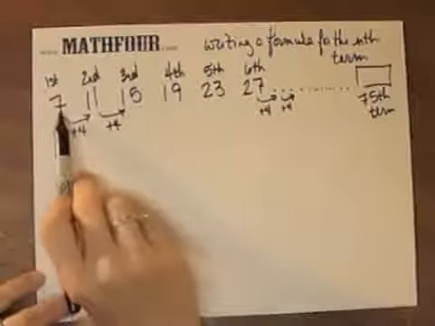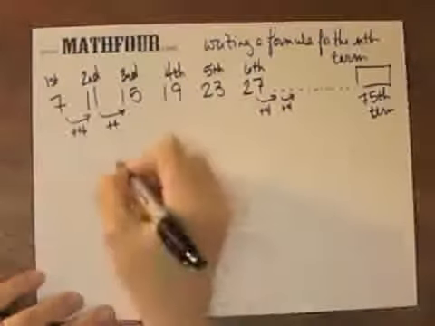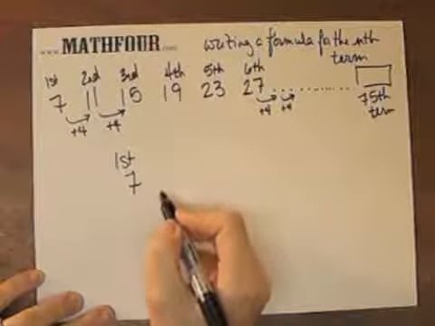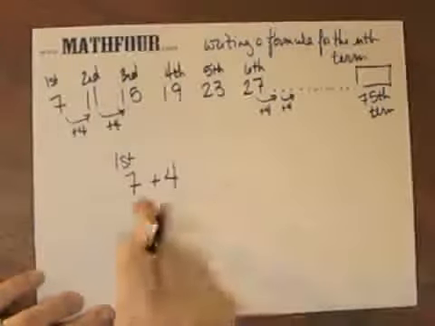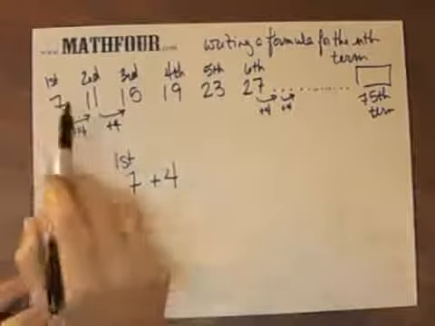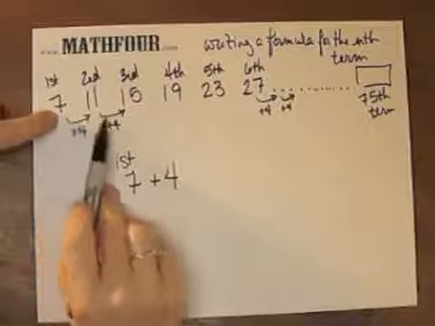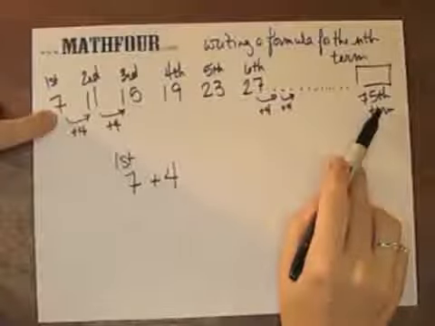So how could I say, okay, start at 7, which is the first term, and then I need to add 4, but how many times? Well, not 75 times, because if I count from here, it's actually going to be 74 times, right?